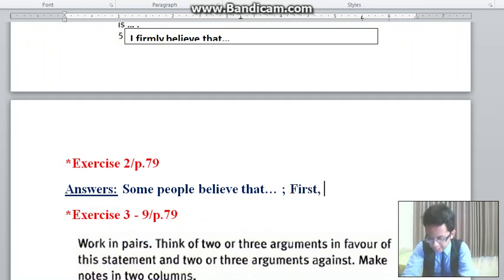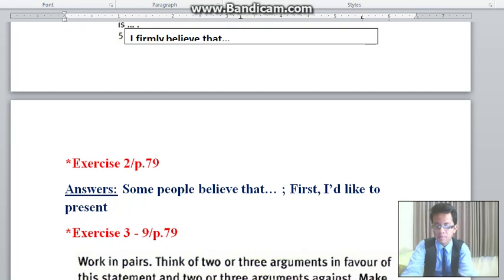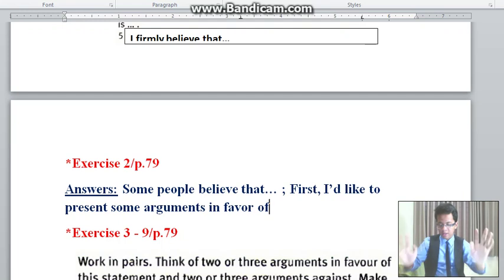You can write it down or underline it, it's up to you. First, I'd like to. So that is some of the phrases that the writer used.